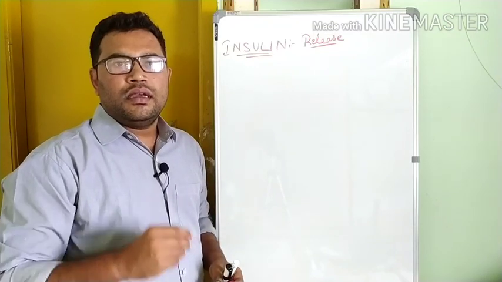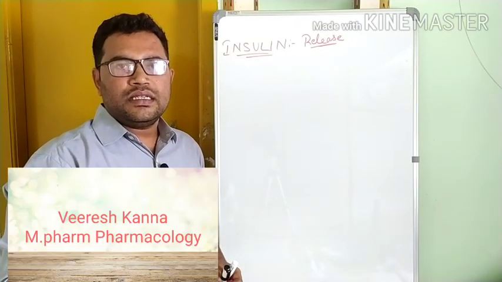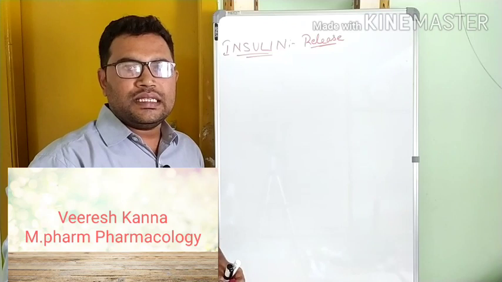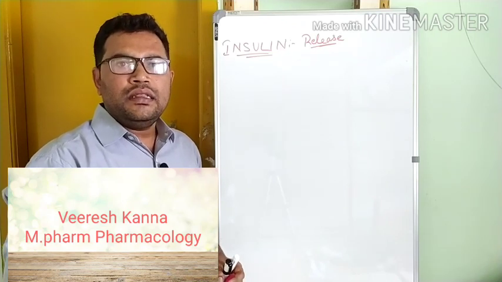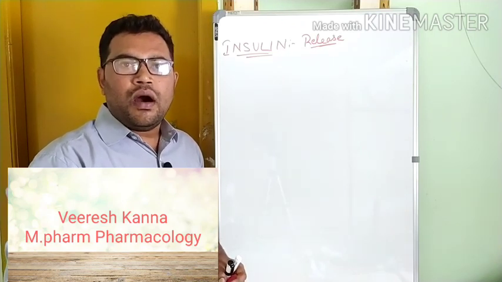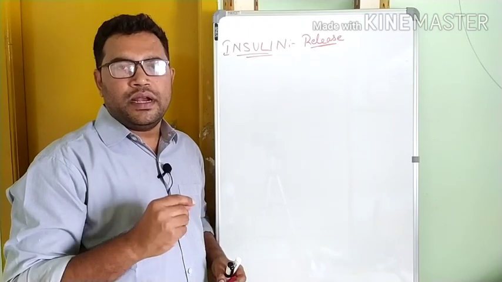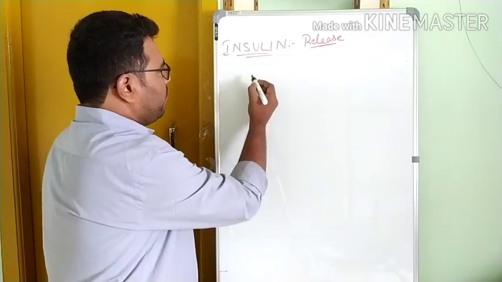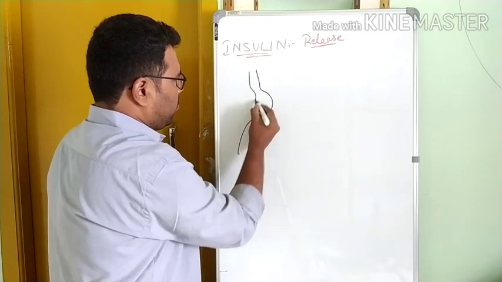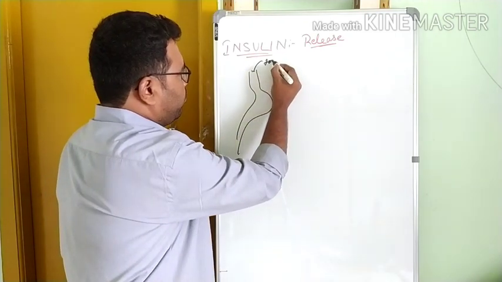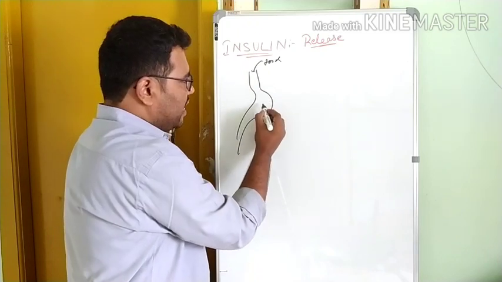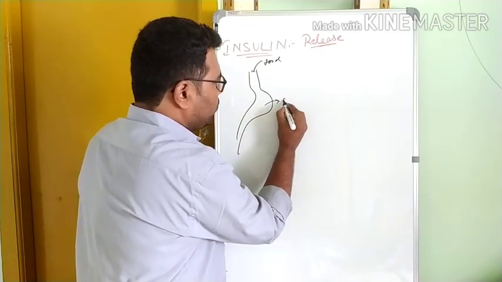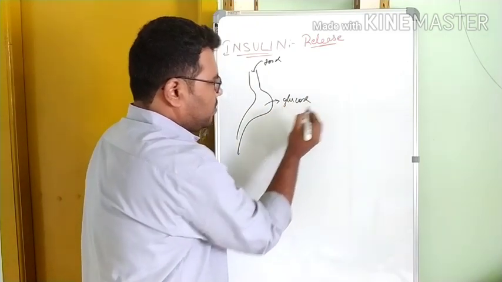Hi everyone. In the last videos we discussed how insulin is synthesized in beta cells of the pancreas. In this video we will discuss how insulin is released when blood glucose levels increase, right? One of the basic points is that whenever we take food, after digestion it converts into glucose.